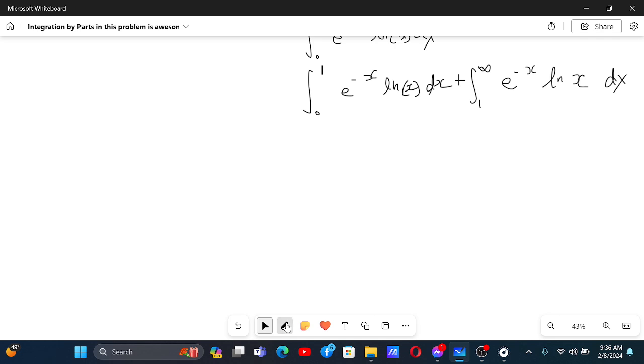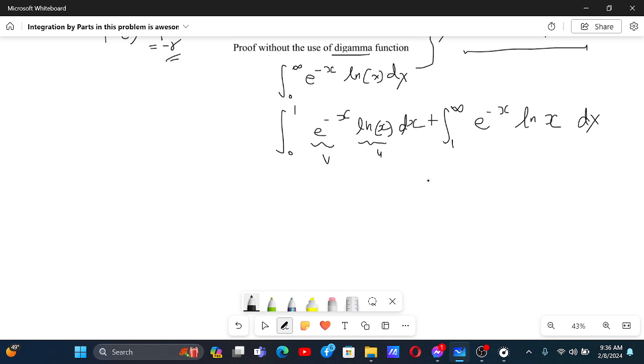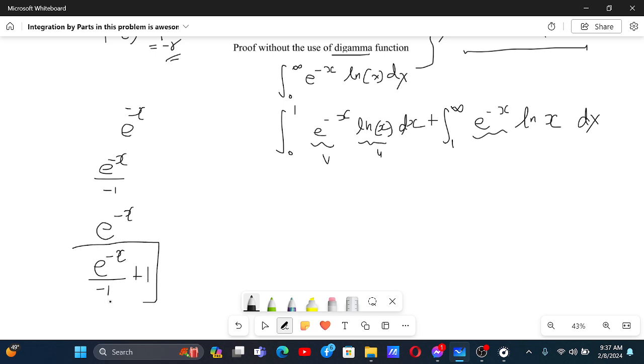So we are taking ln x as u and the other as v. But we also need a 1 minus this thing. So if we are integrating e to the power minus x, for the second one we will surely use e to the power minus x by minus 1 as the integral of this expression. But as the integral of v, we can also use e to the power minus x by minus 1 plus 1, because this is also an integral. Any integral plus c is also an integral of this expression.